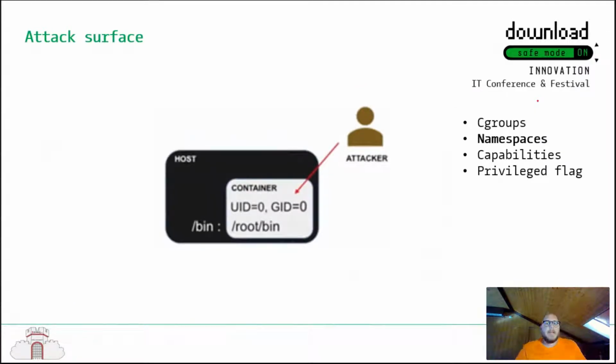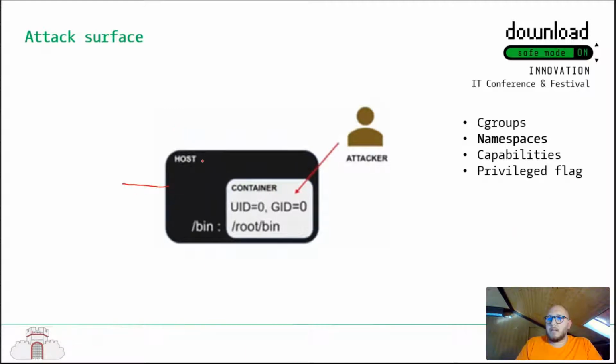Okay, let's say that you have a container that is running, and you have the real bad luck to have that container attacked by someone, and that someone is inside of the container, running with root credentials. As you can see here, there's a little diagram.